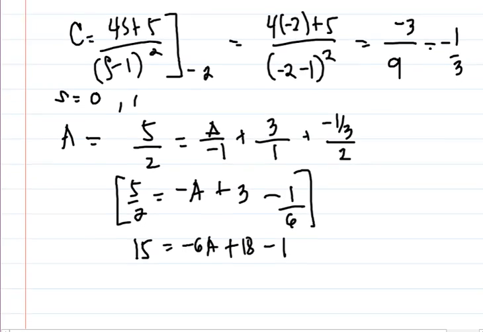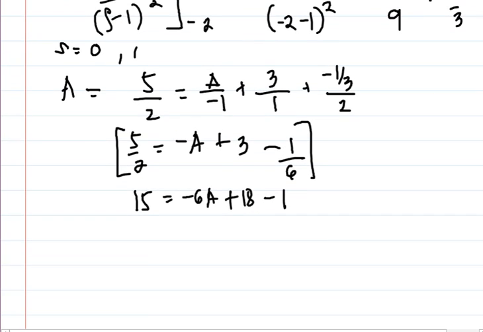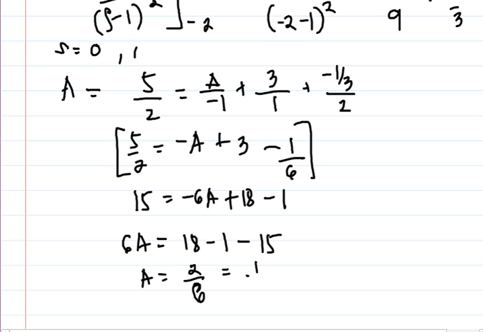So we have 6a is equal to 18 minus 1 minus 15. So this is a is equal to 18 minus 1 minus 15. This is equal to 2 all over 6 is equal to 1/3.